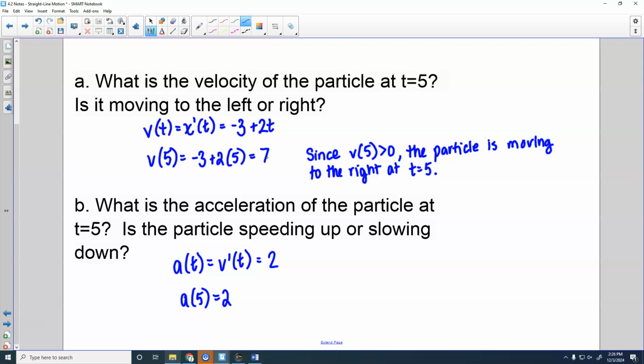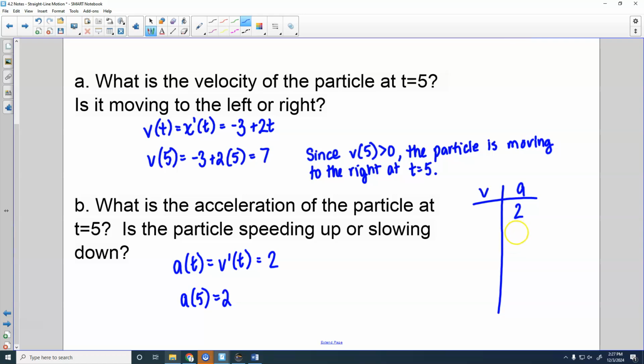Think of it like a table. Your velocity, you're going backwards, so it is negative, but your acceleration is positive. Let's just do something simple. Let's say the acceleration is 2.